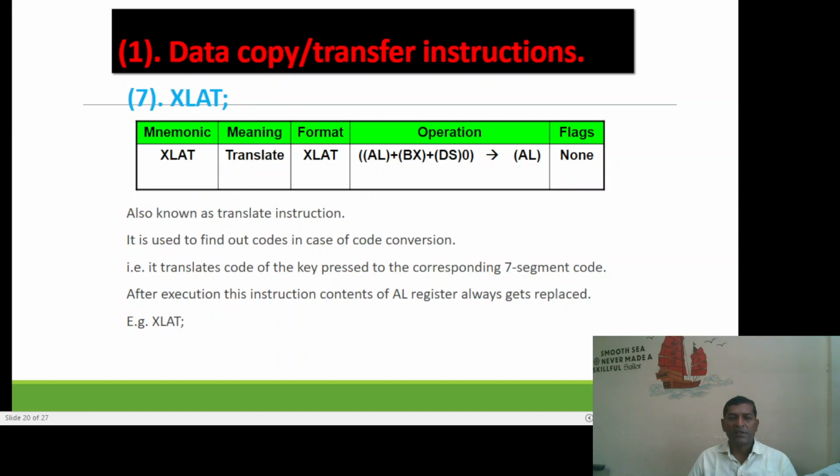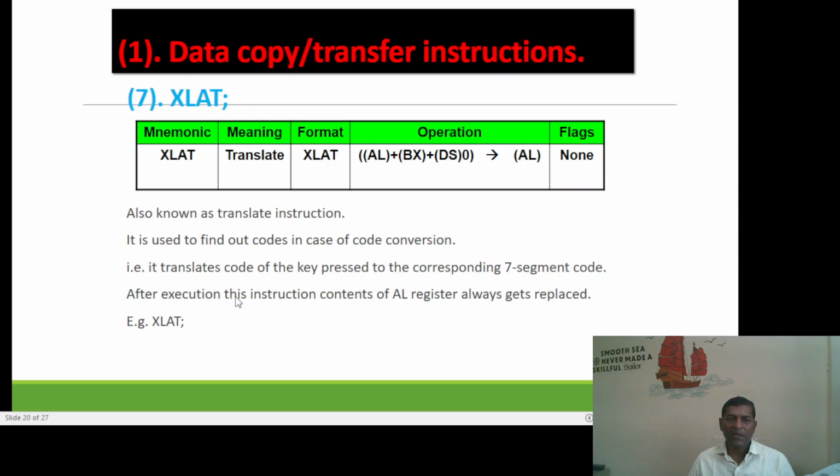It translates the code of the key pressed to the corresponding 7-segment code. After execution of this instruction, the contents of the AL register always get replaced. So we have to move the already available contents from the AL register to somewhere else.